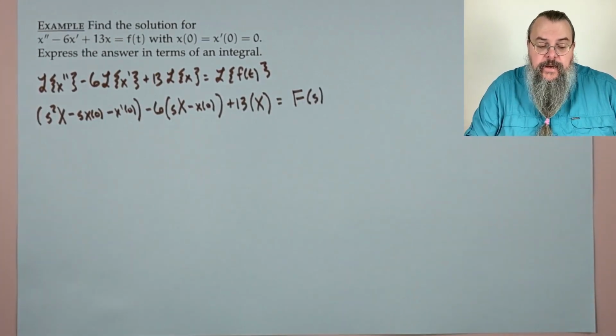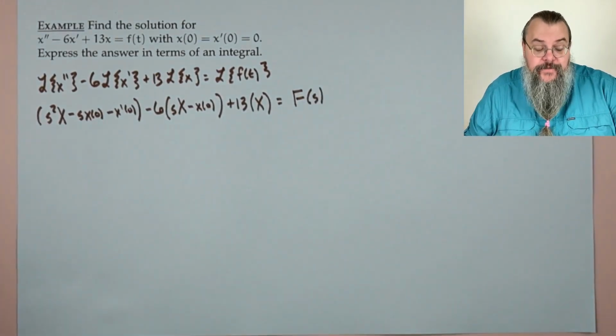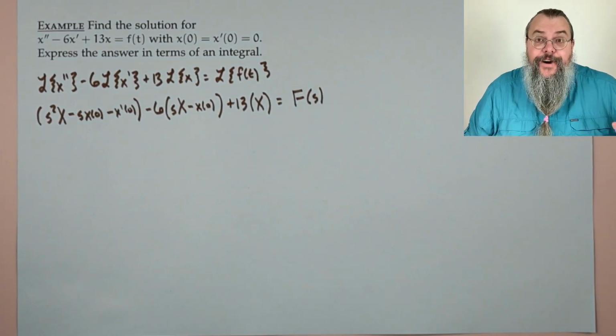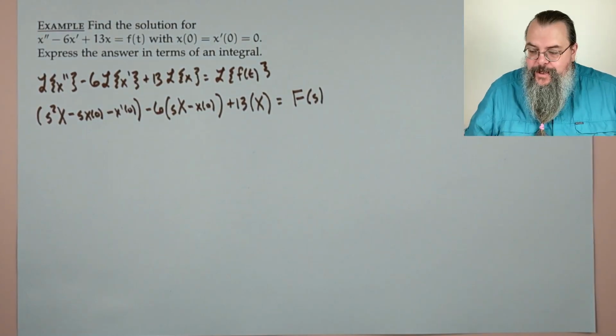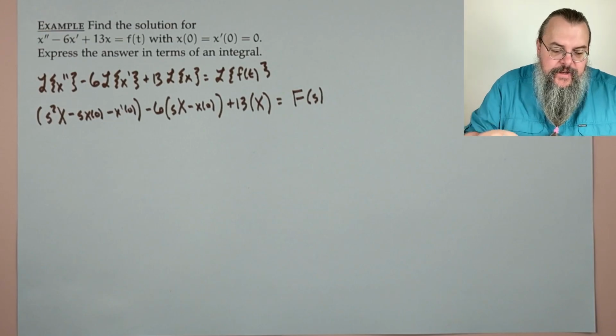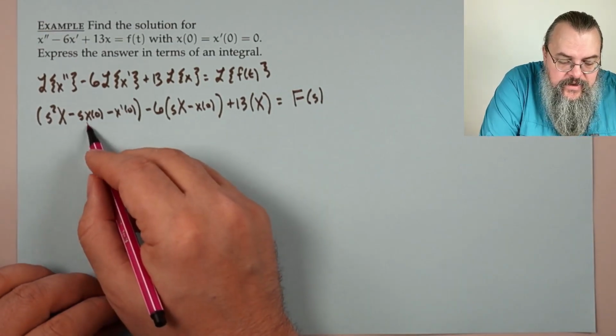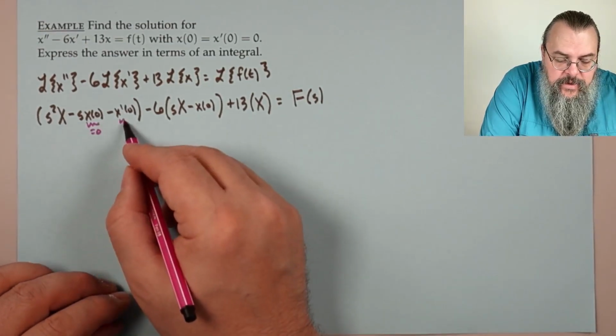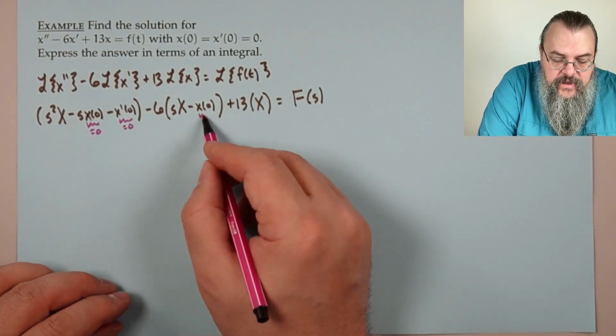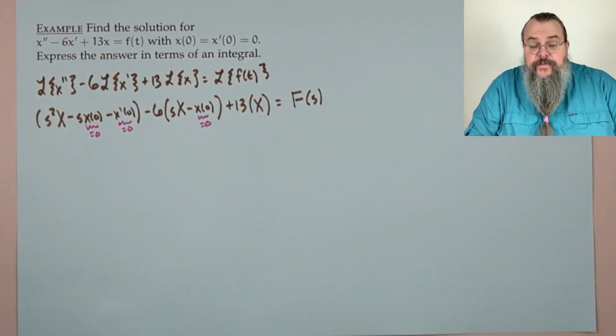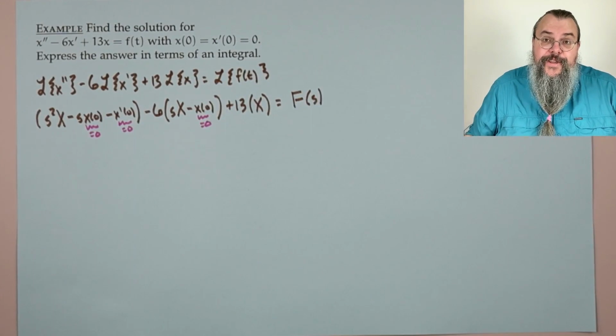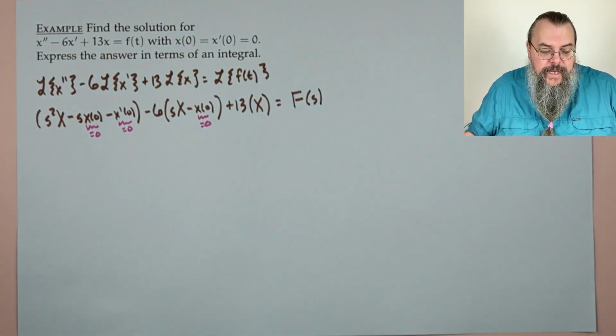Okay, now the nice thing is we have lots of zeros, and zeros are our friend. We like it when we have a lot of zeros. That is to say, x of 0 is 0, x prime of 0 is 0, and so we actually have surprisingly not too many things here. So what do we have?